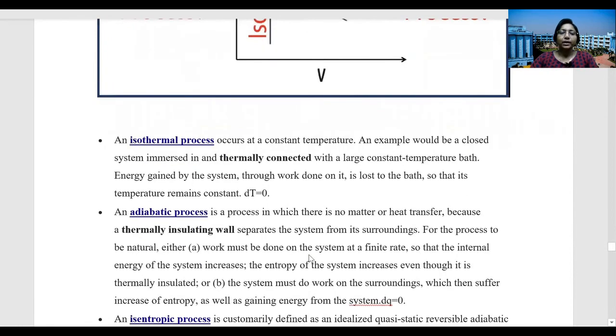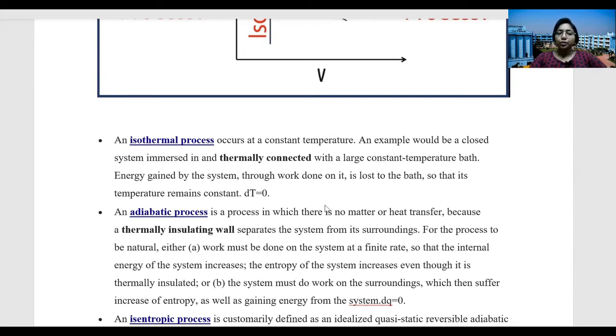So number one, the isothermal process. From the name you can understand what the isothermal process is. It occurs at constant temperature. That means isothermal, thermal means heat energy, iso means same. There is no change in the heat energy.